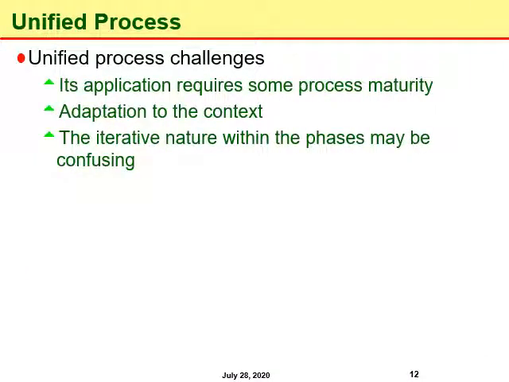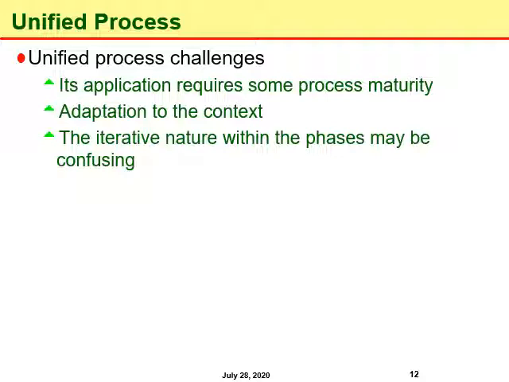The unified process is a popular lifecycle model. However, there are certain challenges that are related to it. For example, its application requires more process maturity, like experience and skills are needed to clearly distinguish the project phases and the development activities. Similarly, it must be adapted to the respective context, a fact which is often neglected.